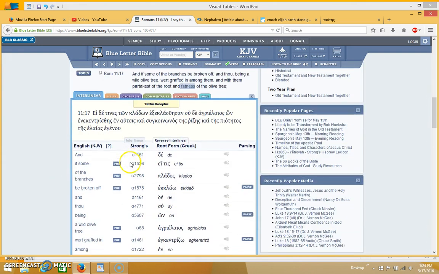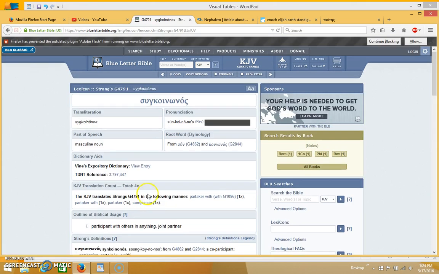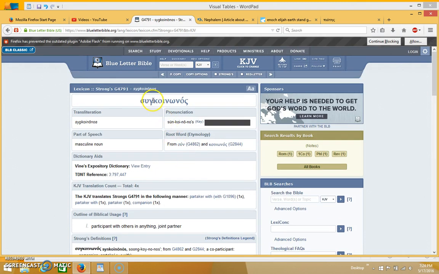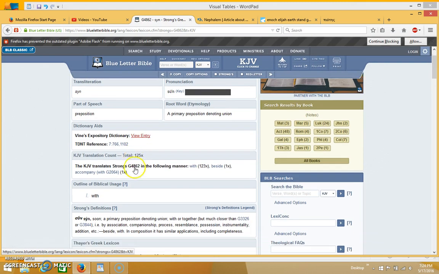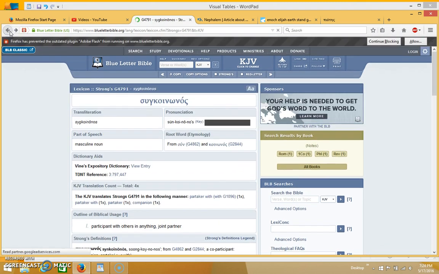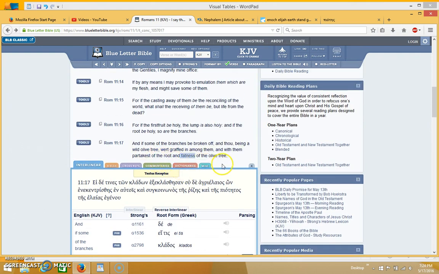And another important thing to point out is that this word over here, partakest, is actually a word that means joint partner. If you notice, it has this prefix, which is not really a word, and it means with or together. So they partake together with the Jews from the root and the fat of the olive tree.